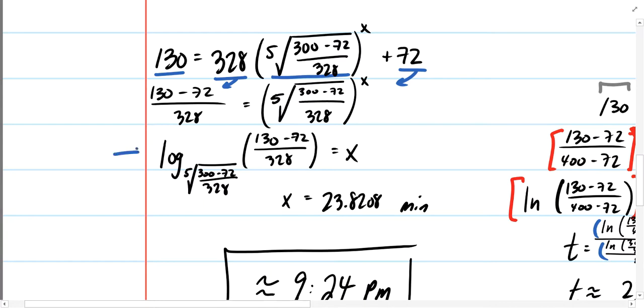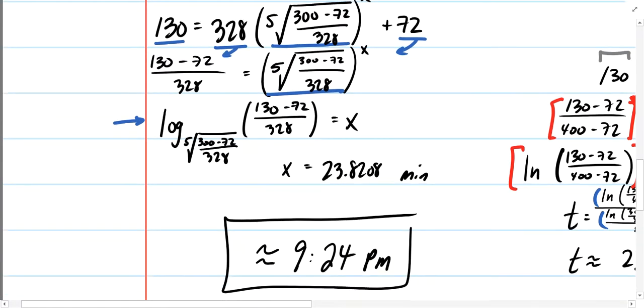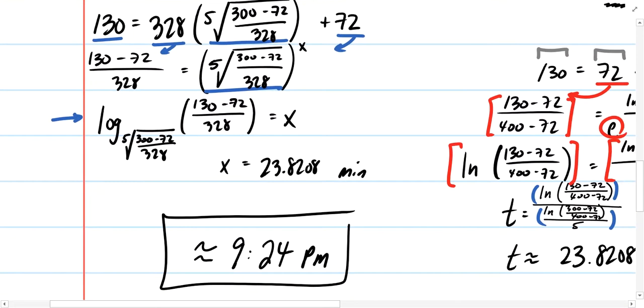The logarithm in this line must use the same base as the exponential in the line above. So the logarithm's base is the fifth root of the fraction. The argument, or the value that we're applying the logarithm against, is the result from the exponent in the line before. And after rewriting the exponential as a logarithm, we now have an opportunity to solve for x.